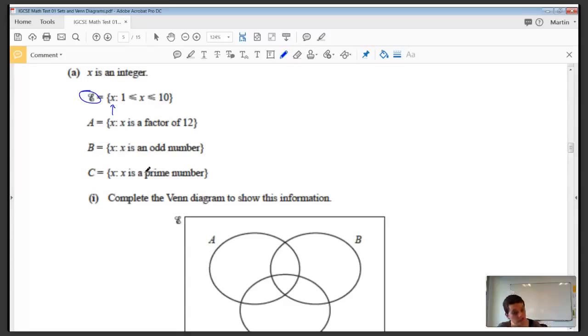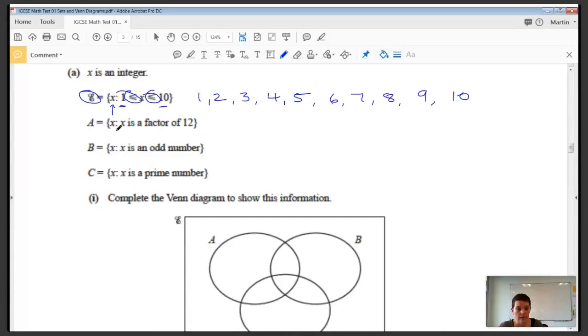And what I really very strongly recommend is that you actually take the time to figure out which number is which and write it on your paper. So 1, 2, 3, 4, 5, 6, 7, 8, 9, 10. Because remember, we have less than or equal to, so we're including our 1 and our 10.